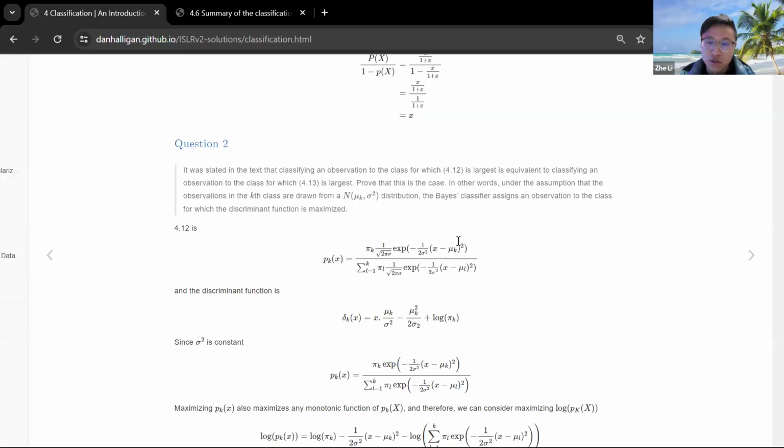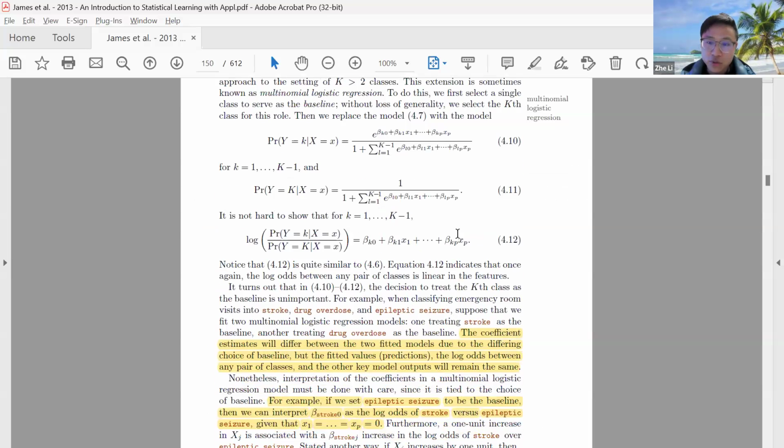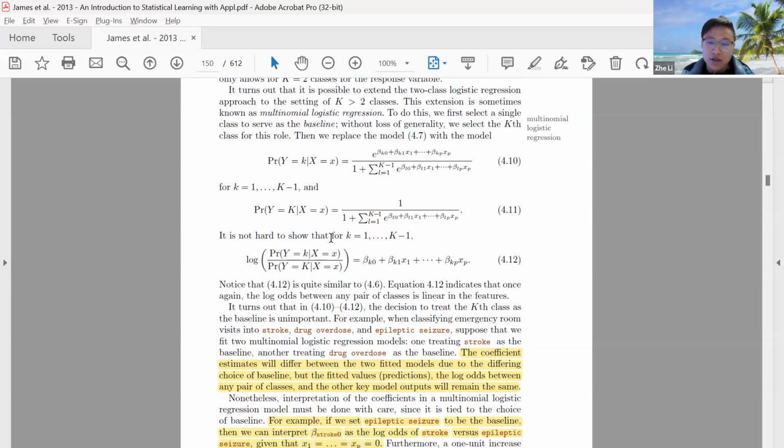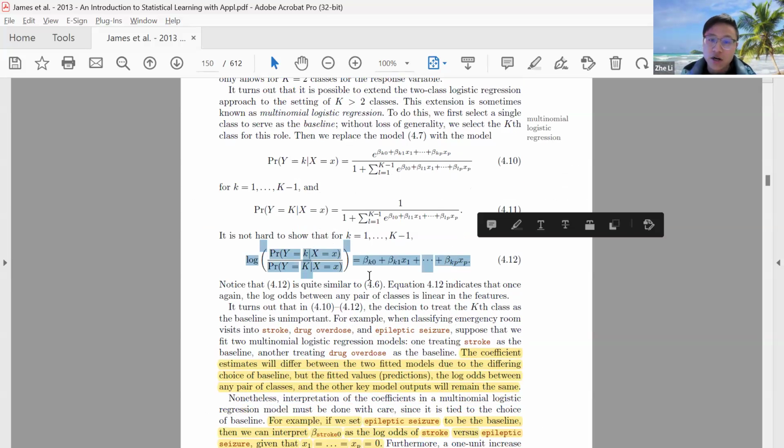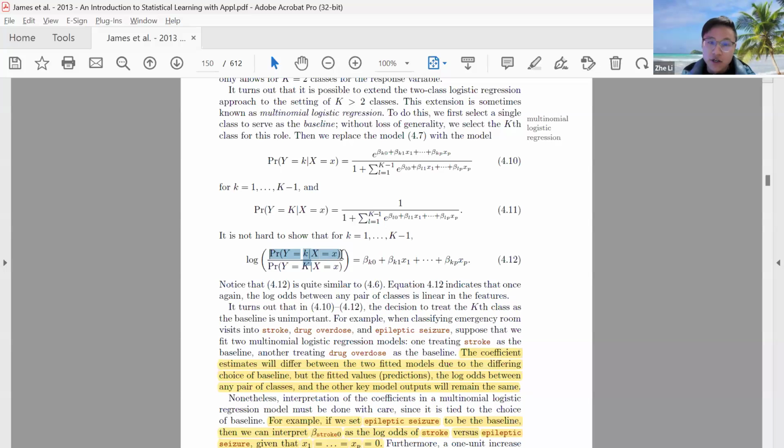So we return to 4.12 and 4.13. 4.12 is the probability of classifying the observation as k, given that the predictor equals x, divided by a baseline case.